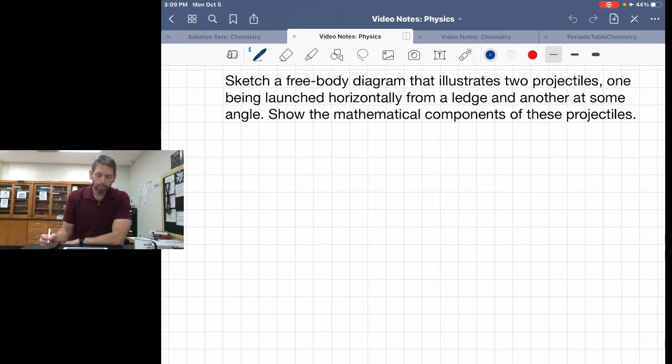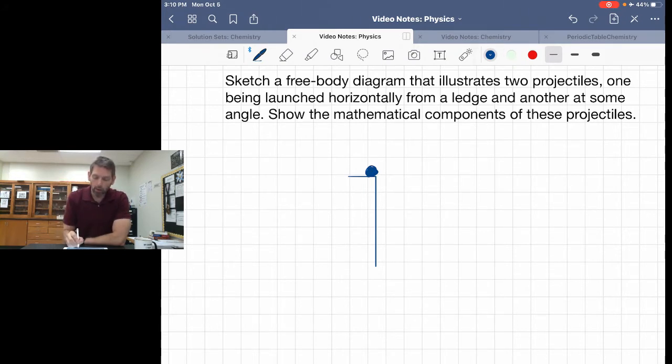Okay, so we have a ledge. Let's get a ledge. Now we're just going to need something that's going to be launched from that ledge. I'm just going to go with something that's circular.